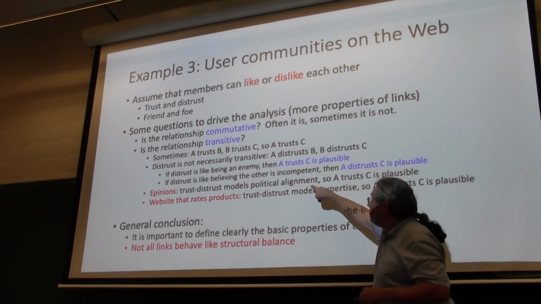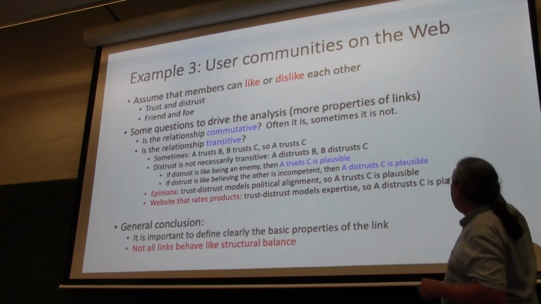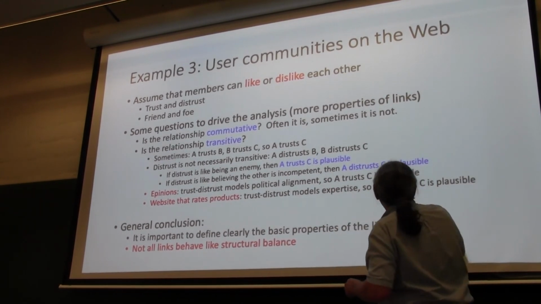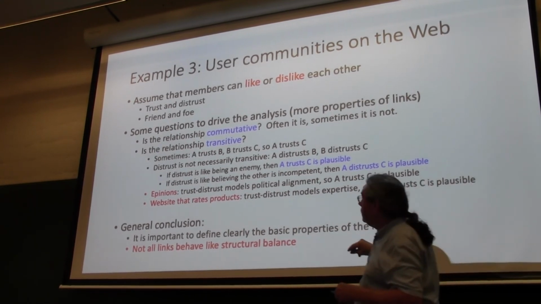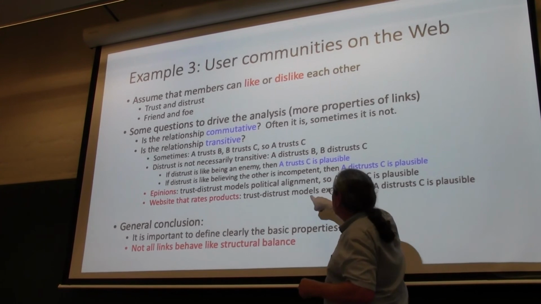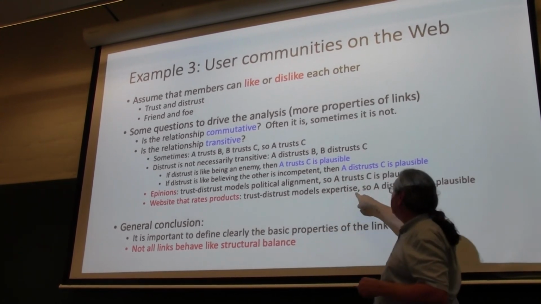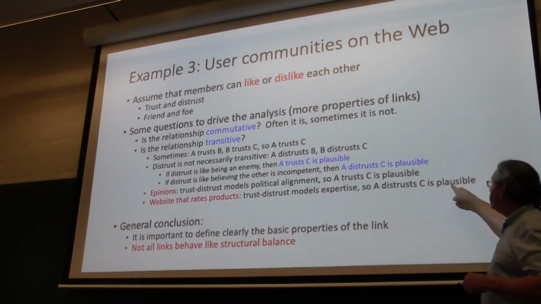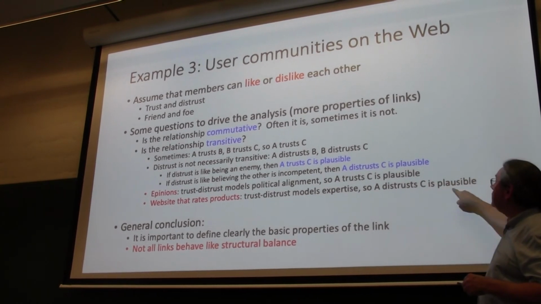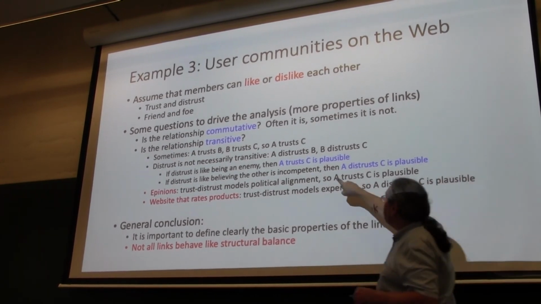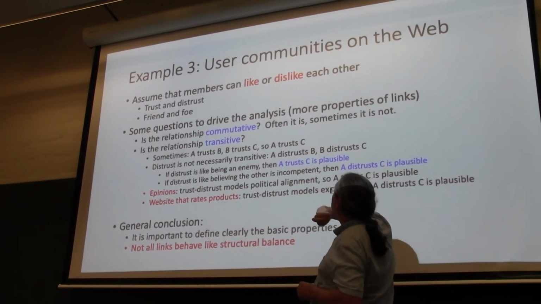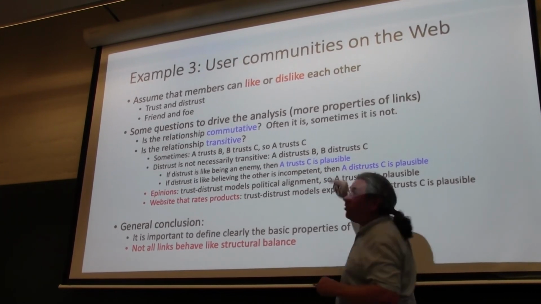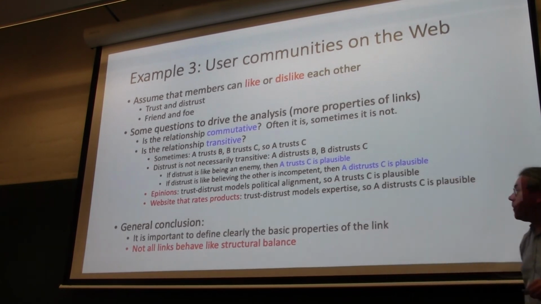This one is sort of like political alignment: A trusts C is plausible, it's transitive. We're rating products. Trust and distrust model expertise, so A distrusts C is plausible. If A thinks B is not an expert, and B thinks C is not an expert, there's no reason that A will think C is an expert.